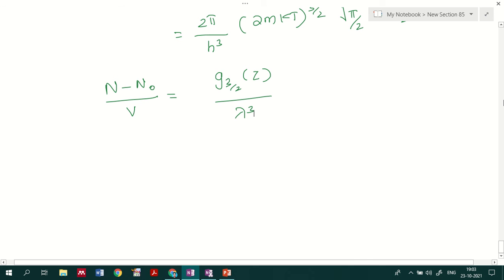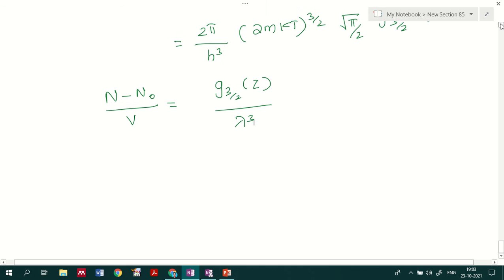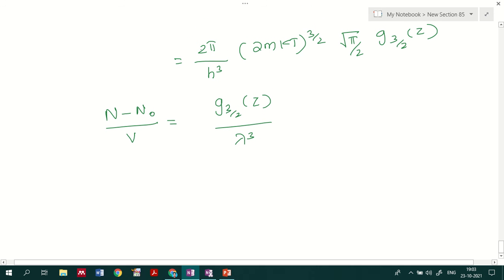In the above case you can see the 2 gets cancelled, then root π is there, and when you combine it, that is π raised to 3 by 2, which you can take inside the bracket, and we can write it as g 3 by 2 of z by lambda cube.